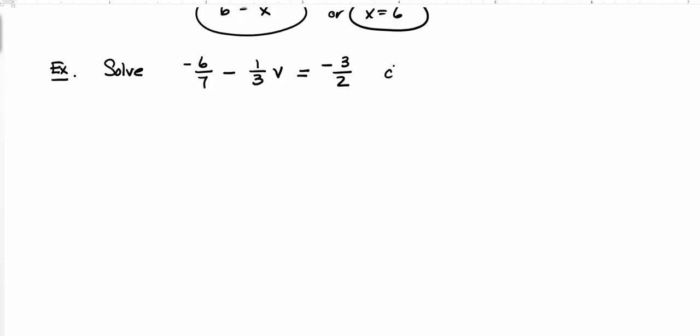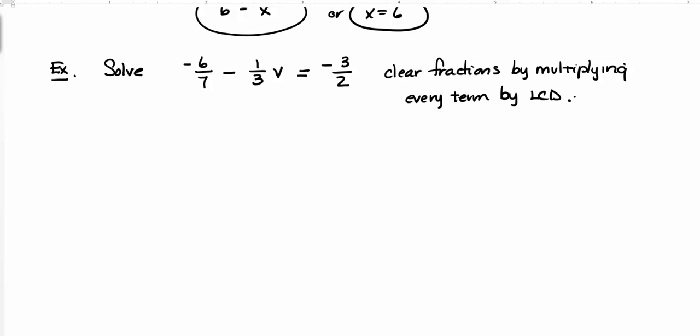So what I want to do is clear the fractions by multiplying everything, every term, by the least common denominator. Okay, so if I look at what's the LCD of 7, 3, and 2, it's 42. So what I need to do is multiply every single term by 42.